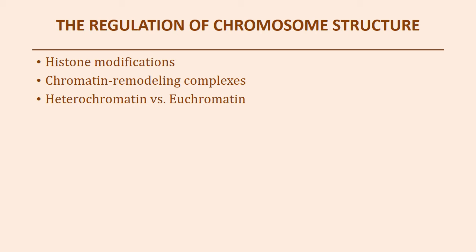And the collection of these two, the histone modification and the chromatin remodeling complexes, are going to allow us to have the chromosome either be in what we like to call heterochromatin, which means it's very compact and tightly coiled, or euchromatin, which means that it's still compact, but it's not as dense, it's loose, meaning easy access for the genes that we're trying to do transcription and translation on, so the ones that are active within that particular cell. So let's take a look at histone modification and then chromatin remodeling complexes.